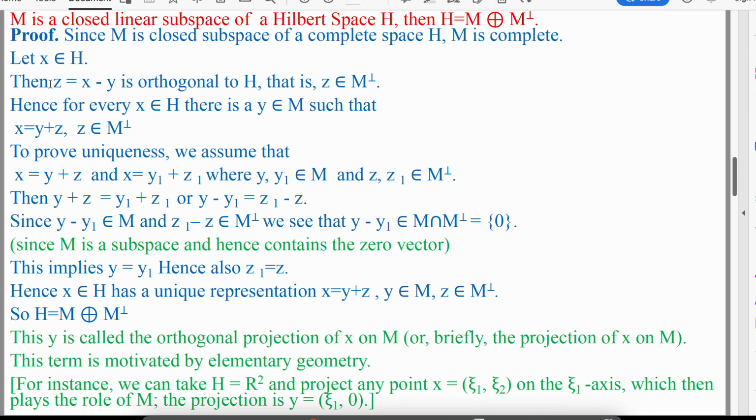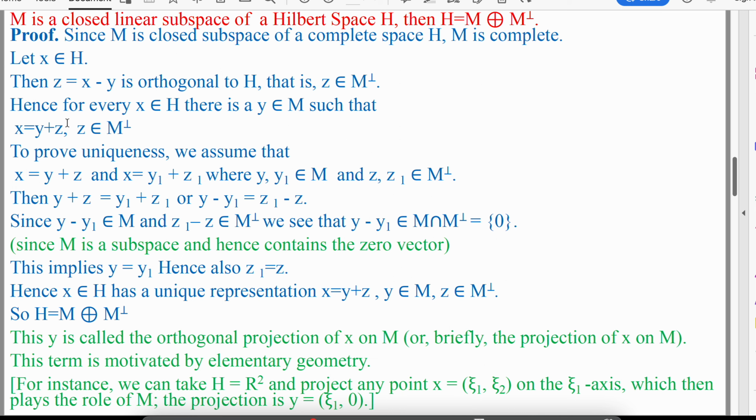We have shifted this to this side. So x equals y plus z, and z belongs to the orthogonal complement of M. Now we have shown that we can express any element x of H as y plus z, where y belongs to M and z belongs to the orthogonal complement of M.